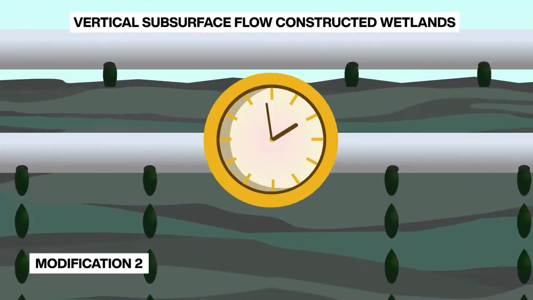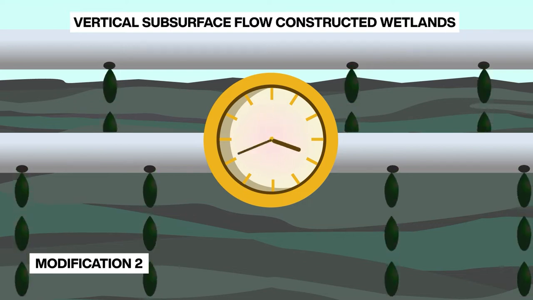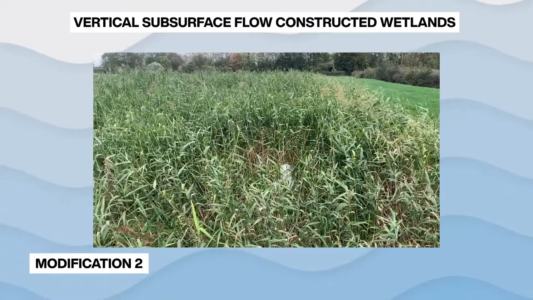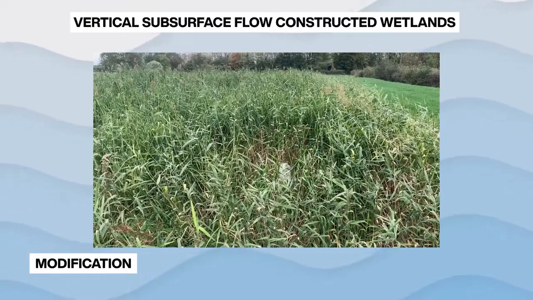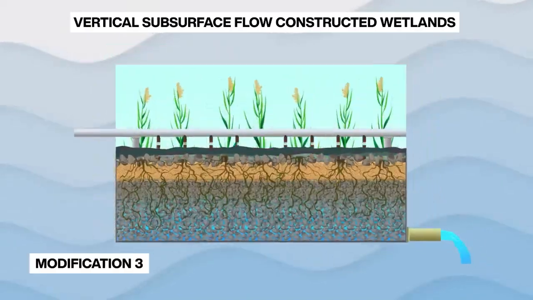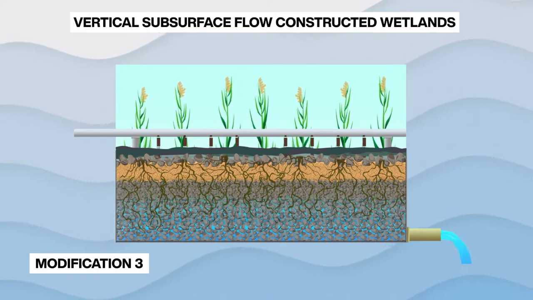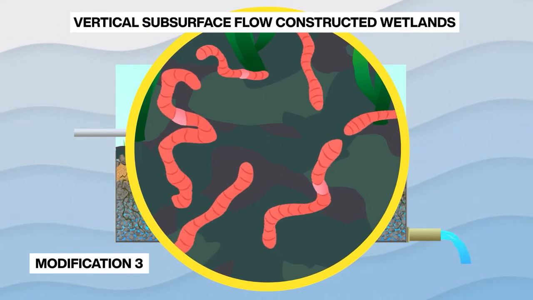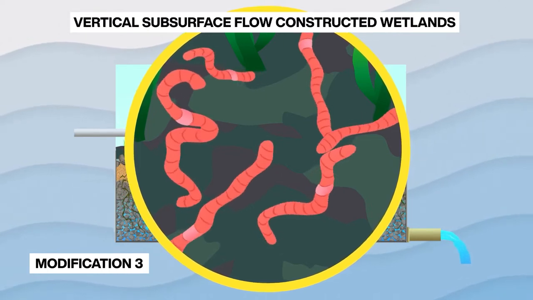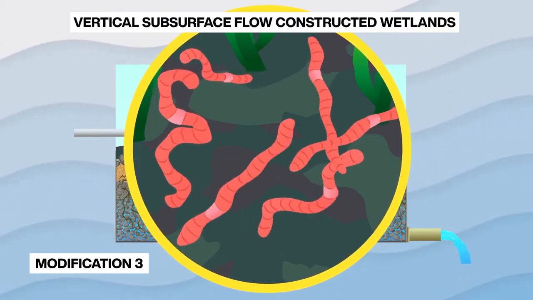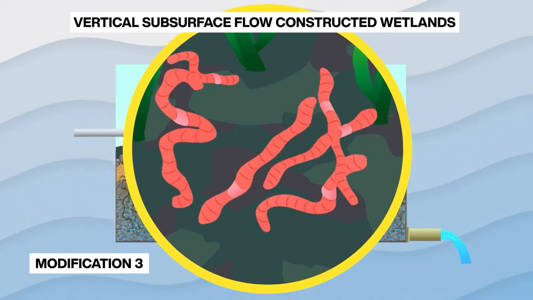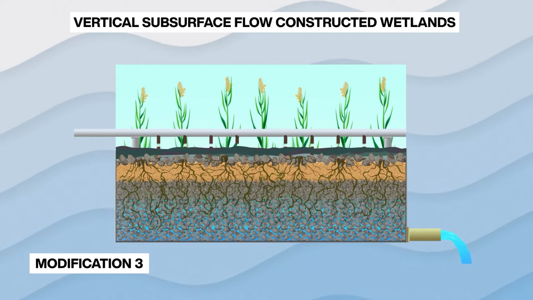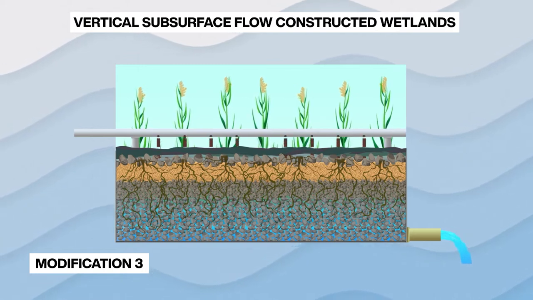The influent wastewater is apportioned in set intervals. Modification 3. The top layer of the constructed wetland, which contains hydromorphic soil, gets populated by earthworms, which convert detritus into high-quality organic fertilizer. Thus, the influent receives effective treatment and the obtained fertilizer can be successfully applied in agriculture.